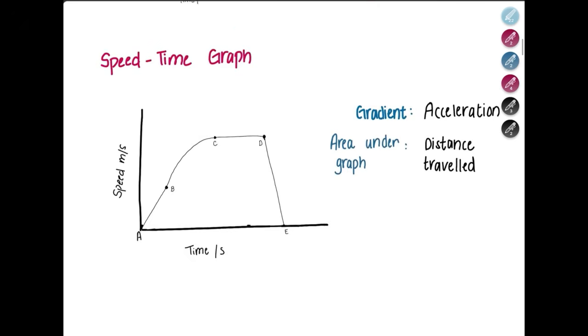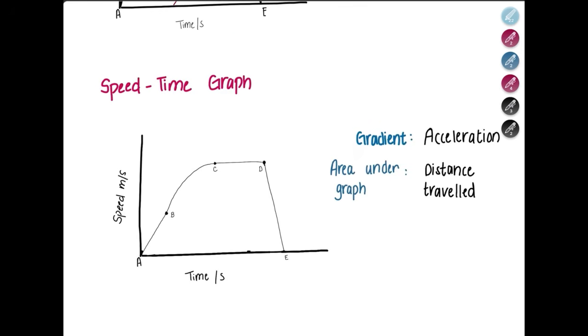Now, speed time graph, similar idea. Gradient represents acceleration, and area under the graph represents distance traveled. A to B, we have constant acceleration. B to C, we have changing acceleration. Now the curve is becoming less and less steep, so the acceleration is reducing. C to D, zero acceleration, constant speed.